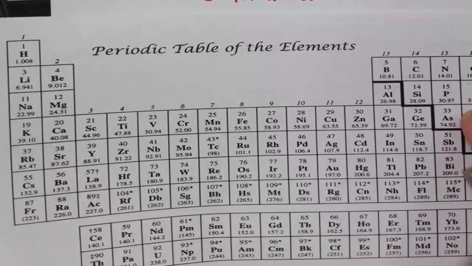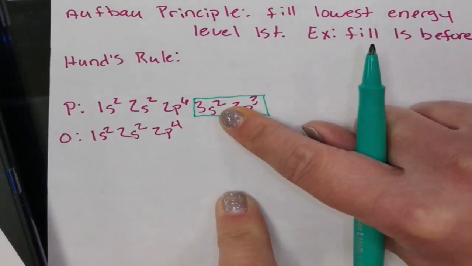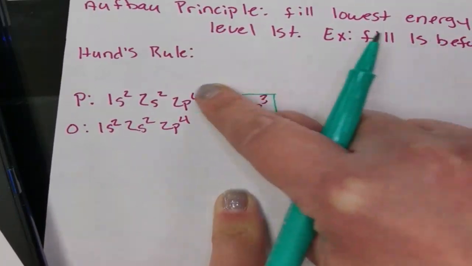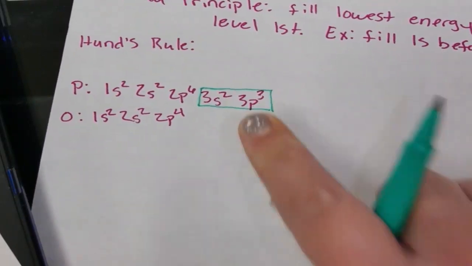Phosphorus has 5 valence electrons. 3 plus 2 is 5. So the 3s and the 3p are the valence electrons for phosphorus.